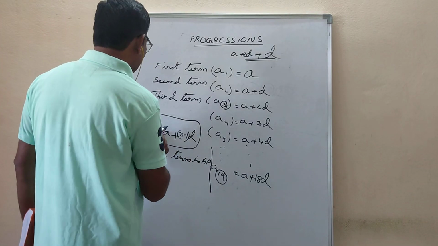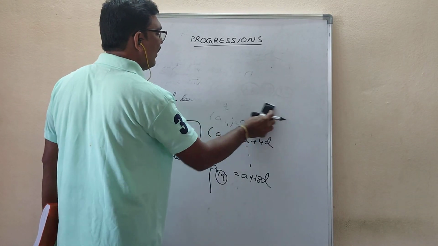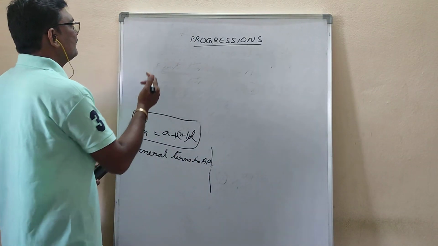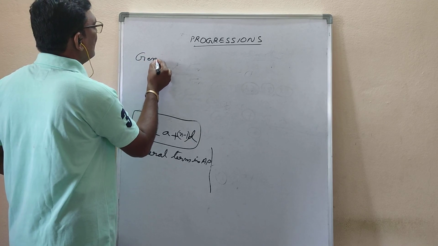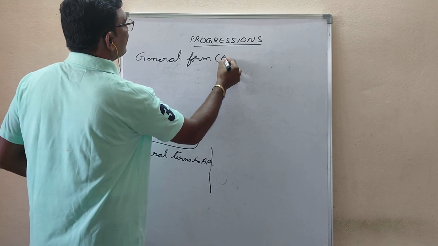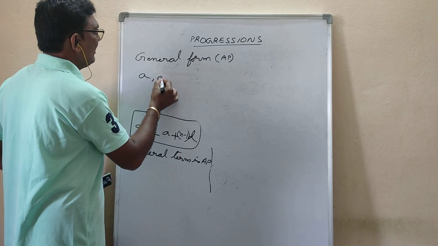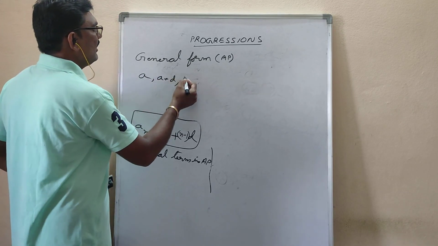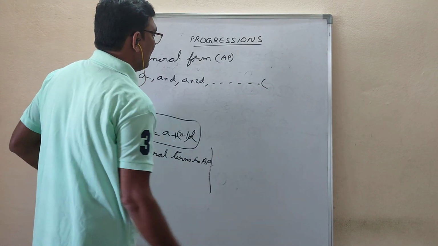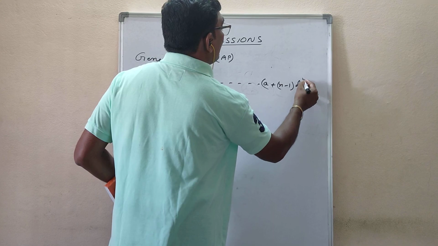Now they wrote the general form of AP. General form of AP means how an AP will look. The general form of AP will be: first term is a, second term is a plus d, third term is a plus 2d, etc. Last term is a plus n minus 1 into d.